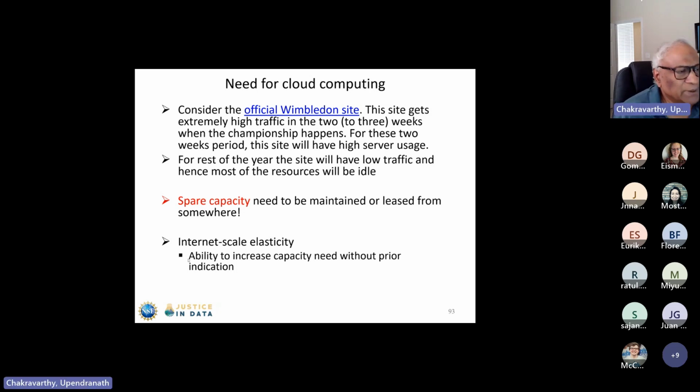So the notion of internet scale elasticity was born, which is the ability to increase capacity without prior indication. You just ask for the capacity and you'll get it. You don't need to tell anybody in advance that you are going to need this capacity 2 weeks earlier or 2 days earlier.